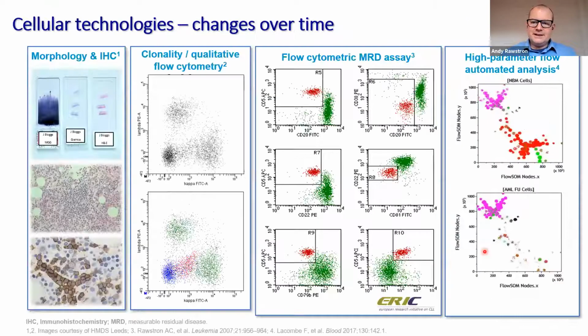For flow cytometry or for cellular assays, we've got a similar evolution over time, from basic morphology and clonality assessment through to disease-specific assays, which we spent some time developing at the start of the millennium, and things are moving on now through to much higher parameters and more automated analysis.